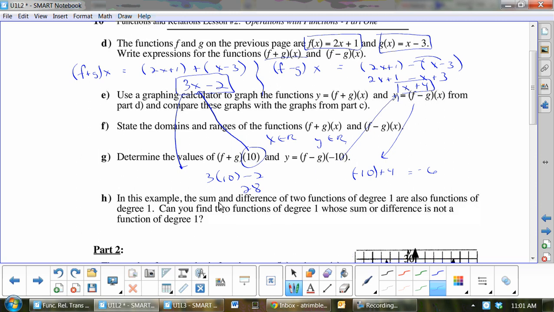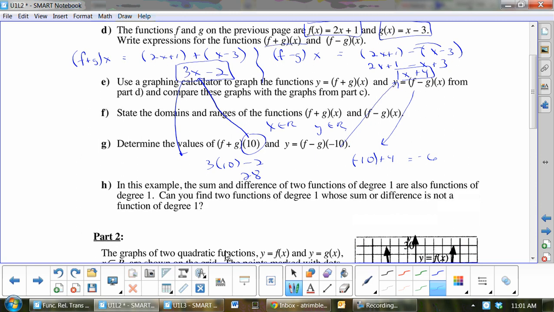Yeah? How? Then you add them together, you're going to get rid of your x's, right? Yeah. Good. Okay. So 99.9% of the time, 1 degree minus 1 degree is going to be 1 degree.